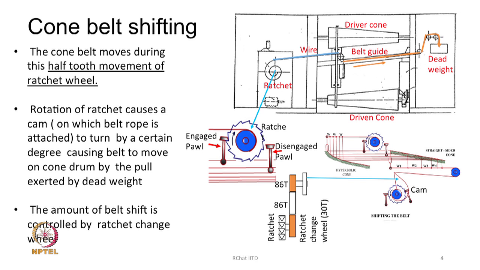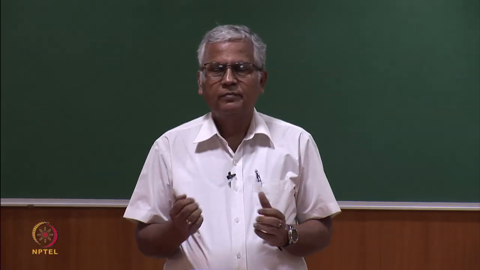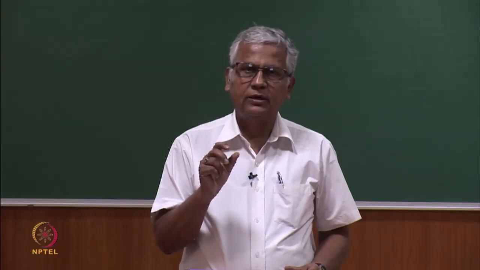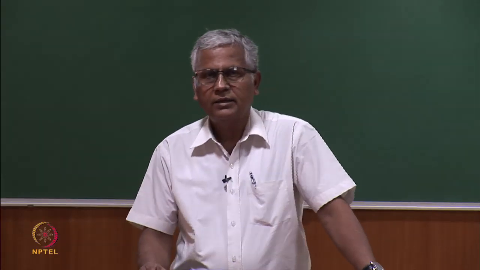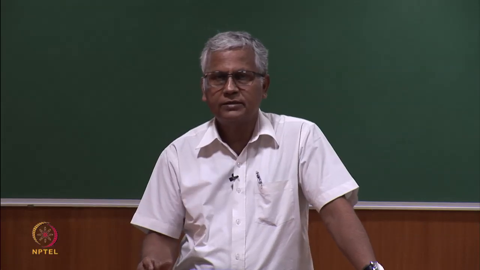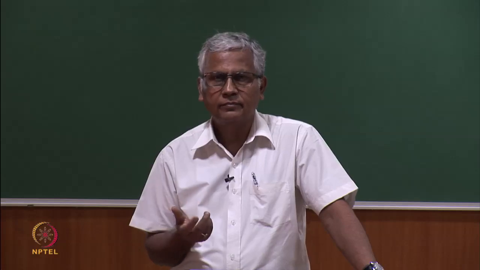So, what is happening is that at a certain point of time, the ratchet is disengaged from its pole. During that little duration of time, it turns by half a tooth, and this half tooth movement of the ratchet is translated into a few degrees of movement of the cam.